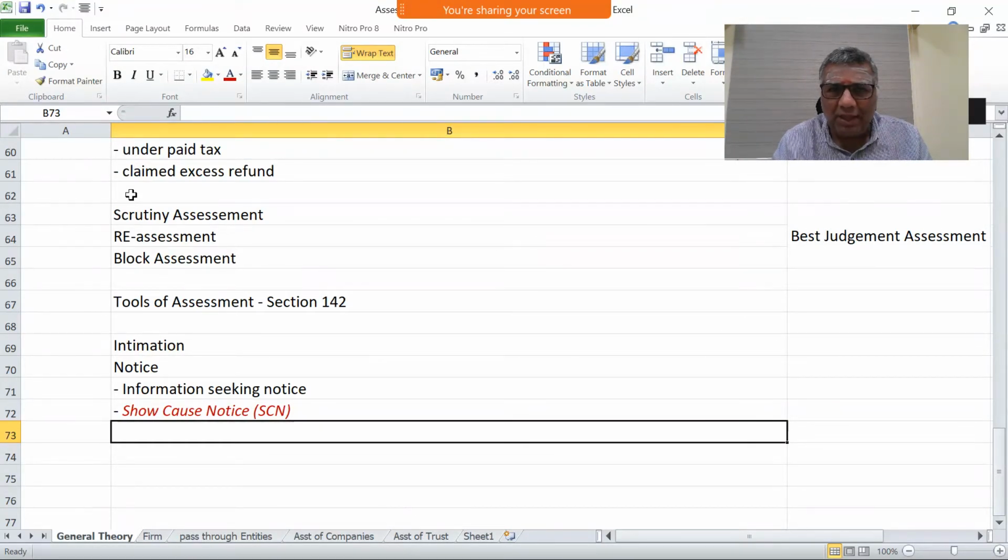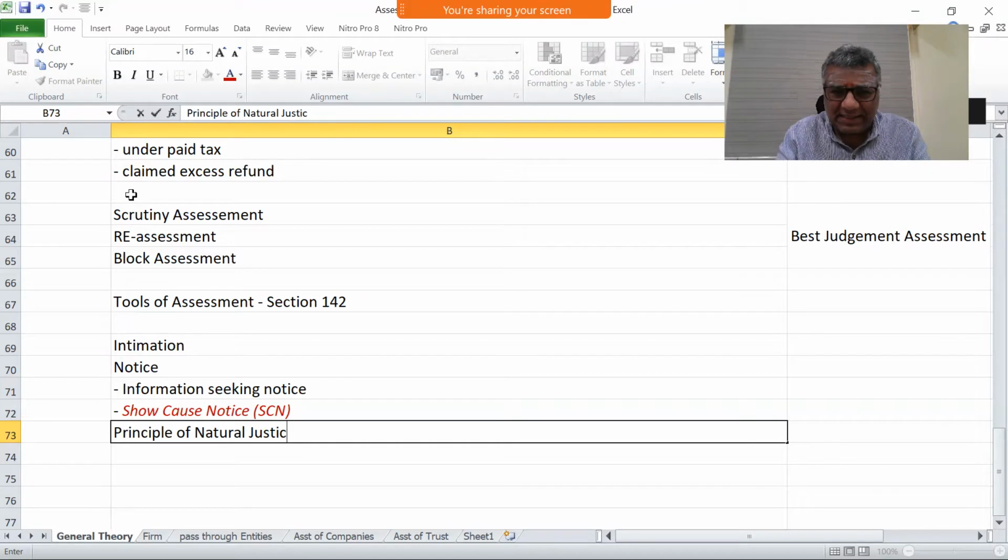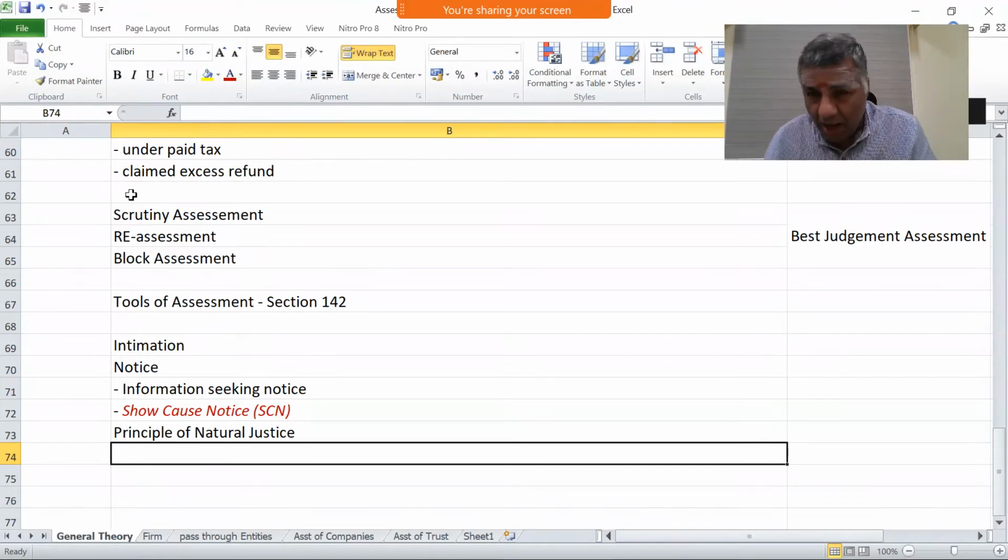And one more thing which I want you all to know before progressing to the procedures is the principle of natural justice. Our entire law, not only income tax law, entire legal system goes by this.